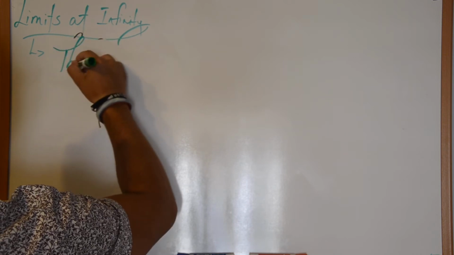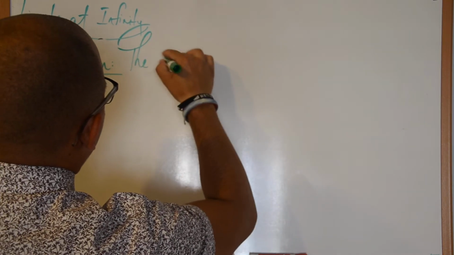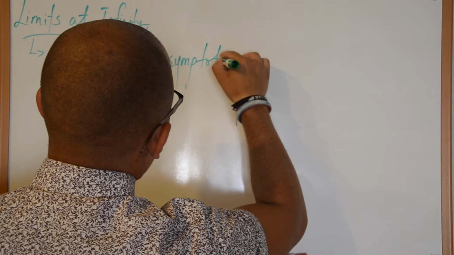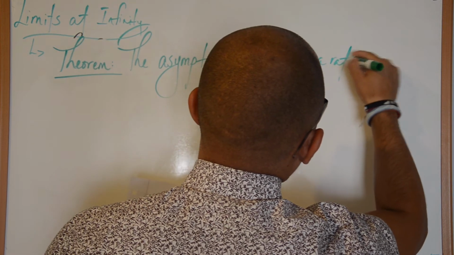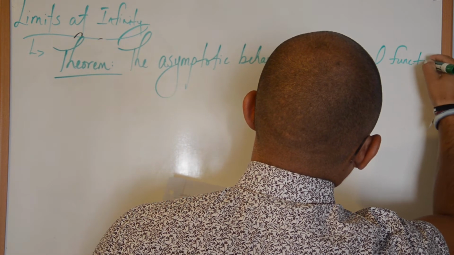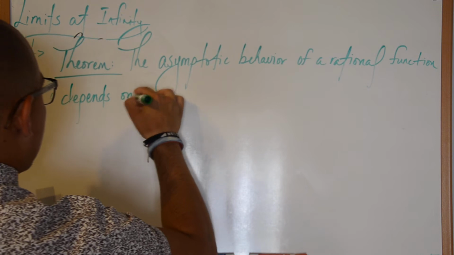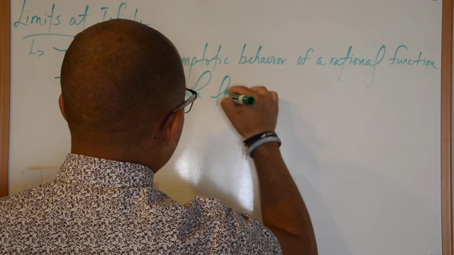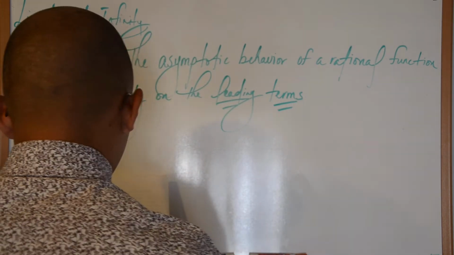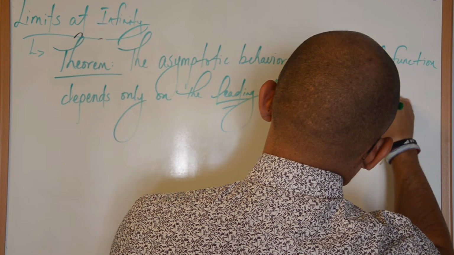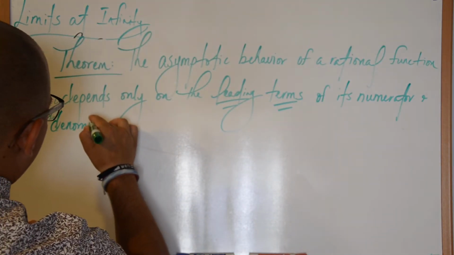So we have a second theorem for this lesson, which says the asymptotic behavior of a rational function depends only on the leading terms of its numerator and denominator.